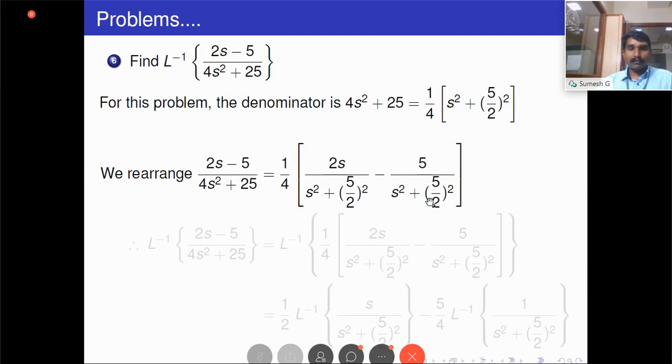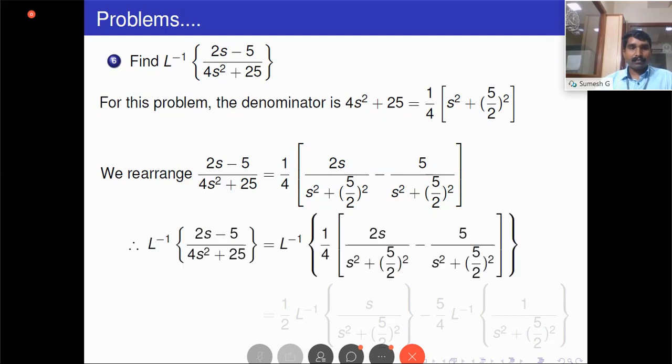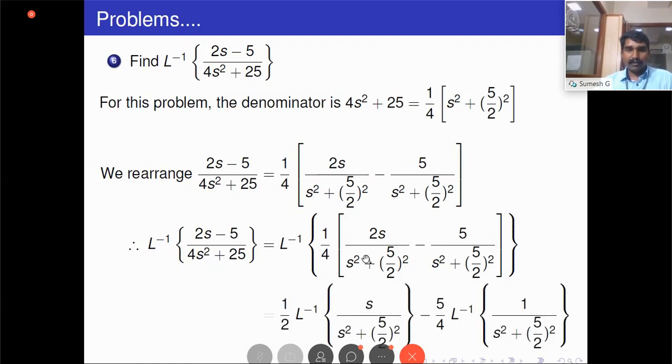Now we can take the inverse Laplace transform. Taking the inverse on both sides, we obtain the expression like this. Here we apply the linearity property. The linearity property says that we can take constants outside. So here we can take this 2 outside. This becomes 1/2 L inverse of s/(s² + (5/2)²) minus 5/4 into L inverse of 1/(s² + (5/2)²).